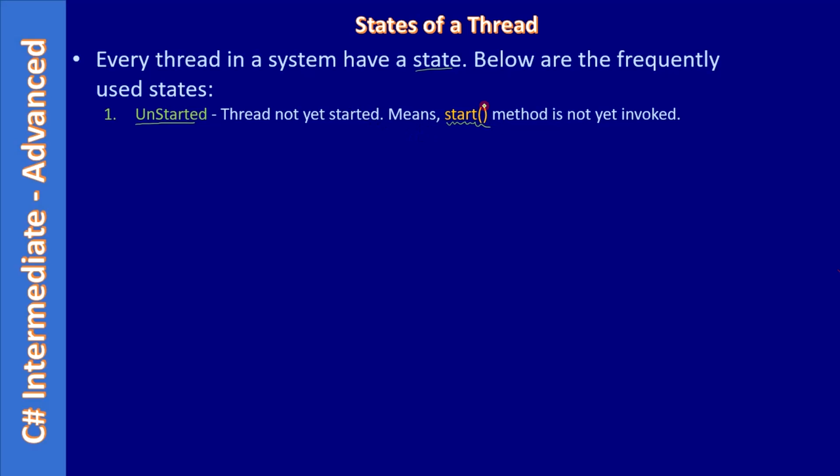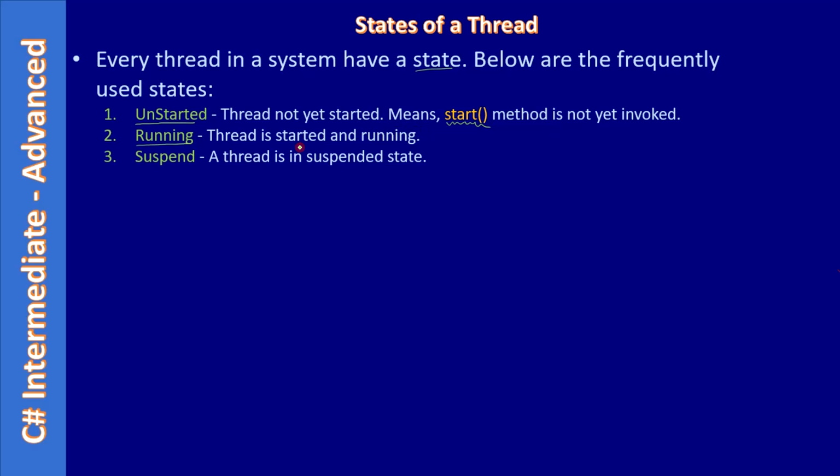Once you make a call to start, the thread will transition from unstarted to started or running state, we can say. Running means the thread is started and running, so it is executing the task.